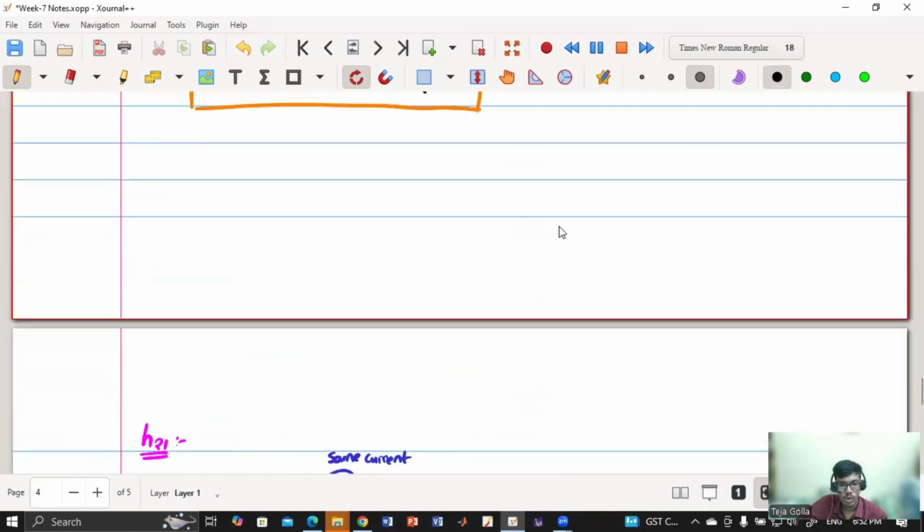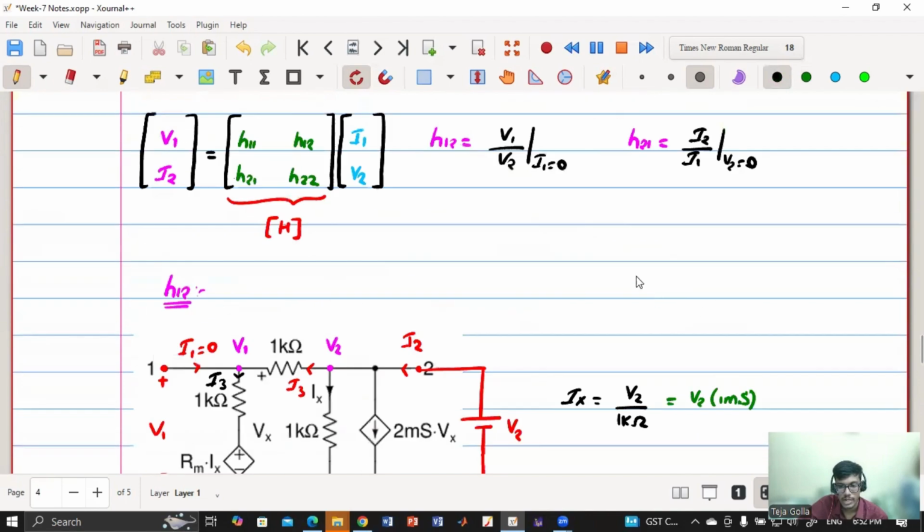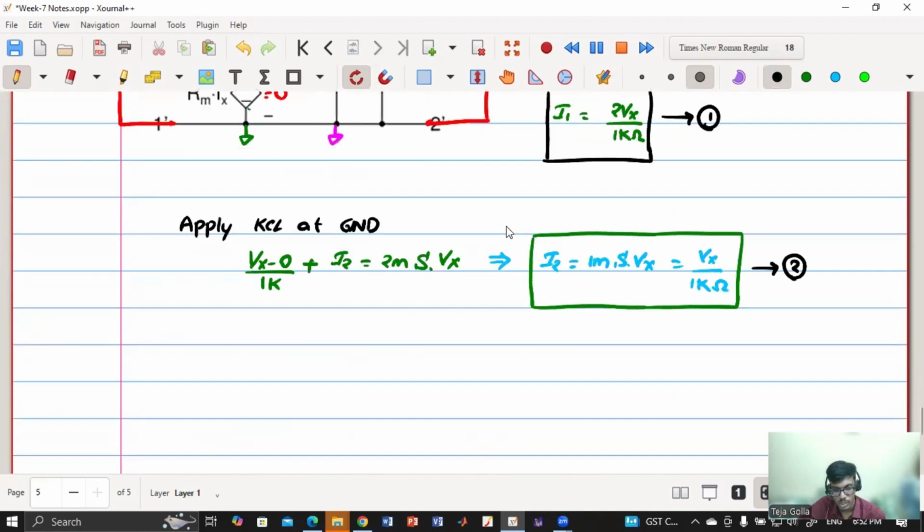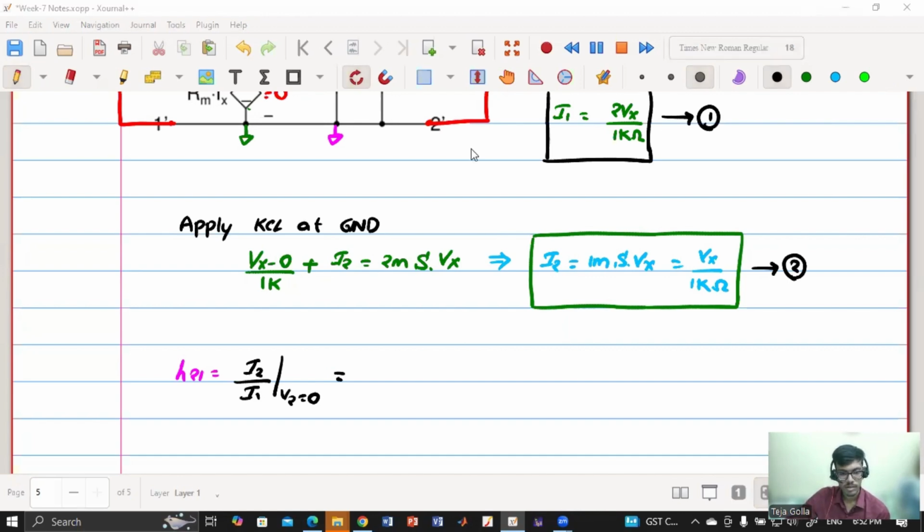So now what do I want exactly? I want I2 by I1. So H21 is I2 by I1 when V2 equals 0. So what is this value, I2 by I1? One is 2Vx by 1k, another one is Vx by 1k.